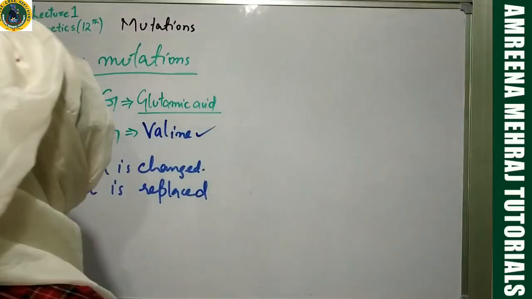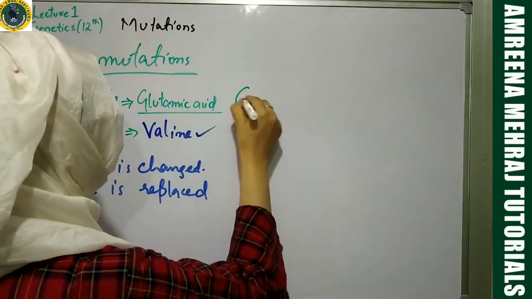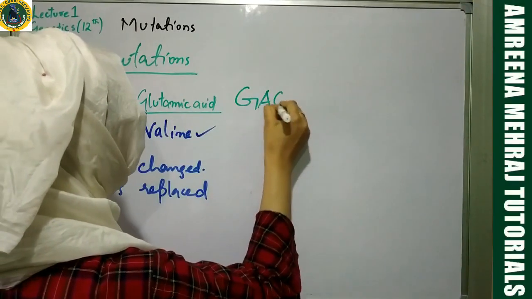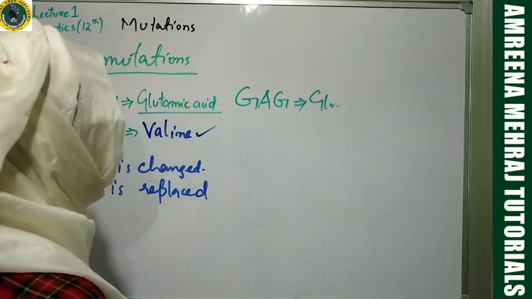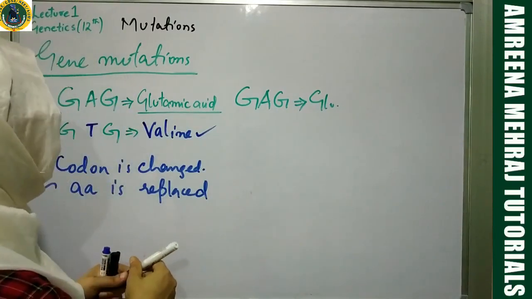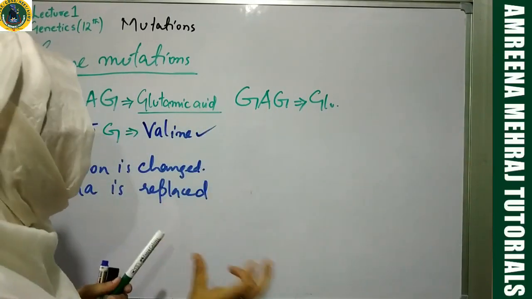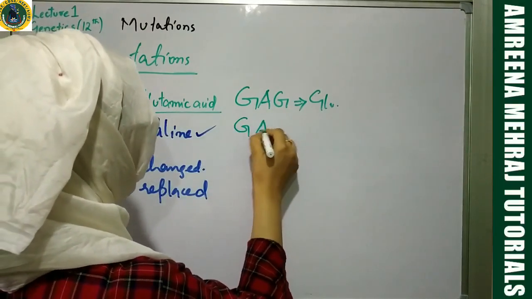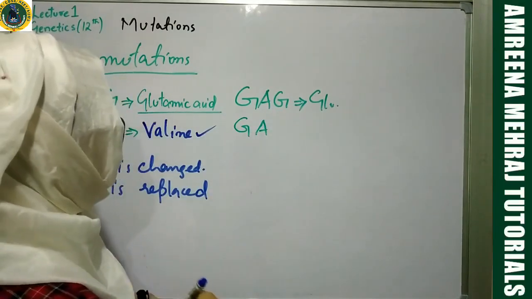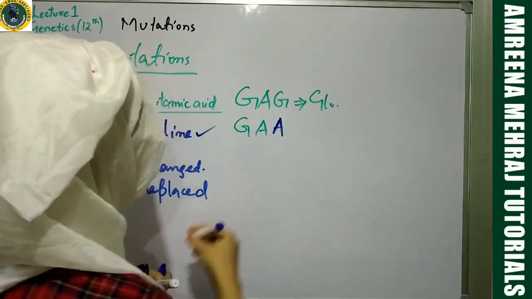Now let us take a condition. I'll take the same codon GAG. What is it coding for? It's coding for glutamic acid. Now in this codon, we will replace one base. I'll show G, A, and in place of G you have again an A. So you got this replacement done.